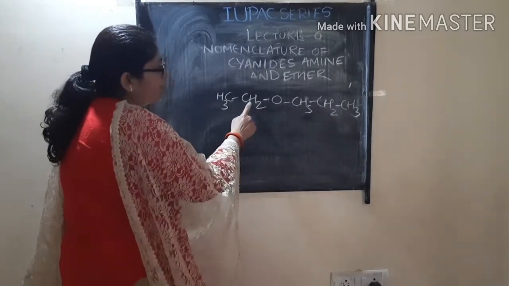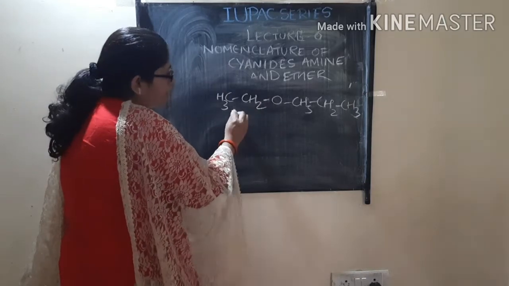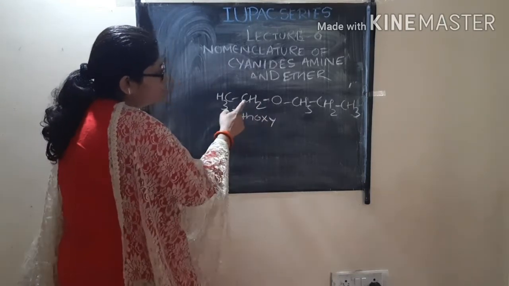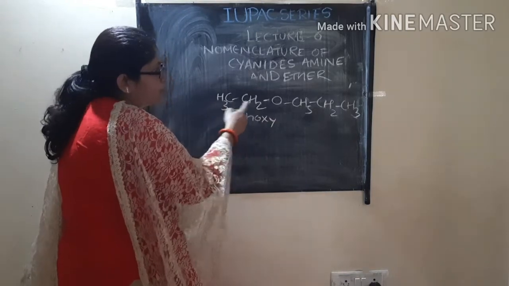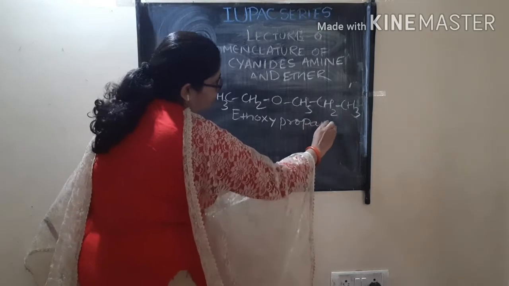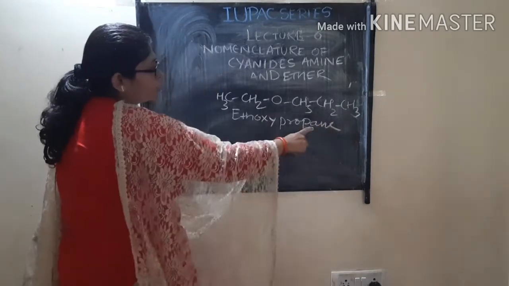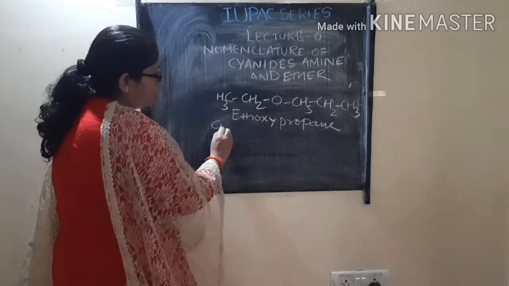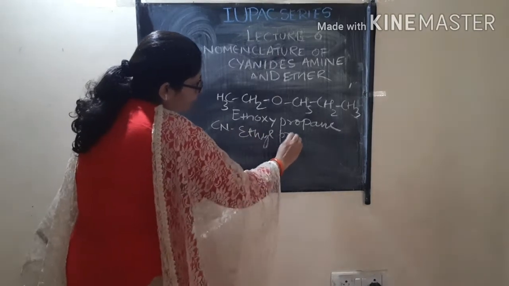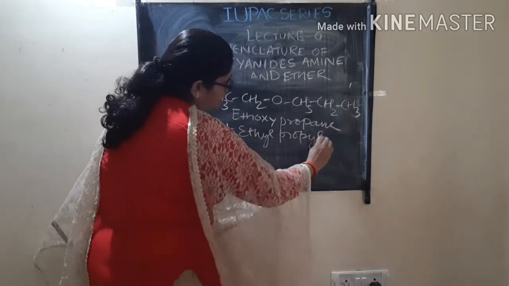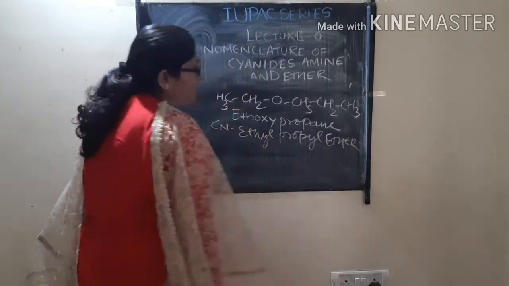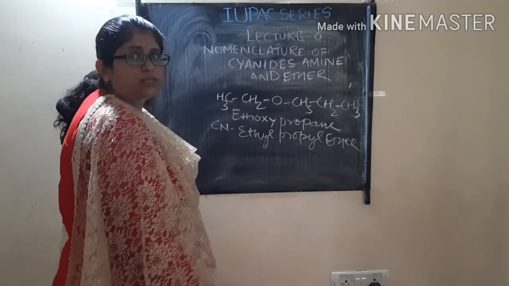Then what will be the oxy group? It will be ethoxy, because this is a smaller group, and here it will be propane. So it will be ethoxy propane, or common name will be ethyl propyl ether. Ethyl propyl ether. Understood, students?